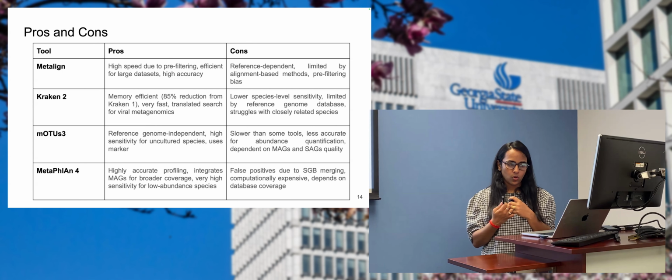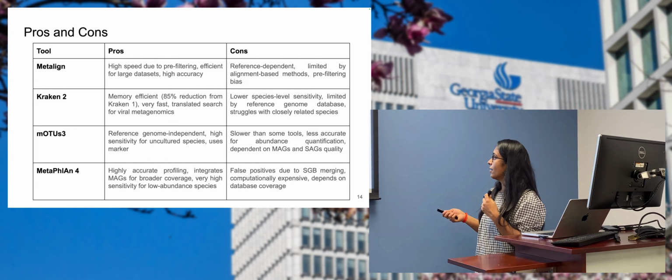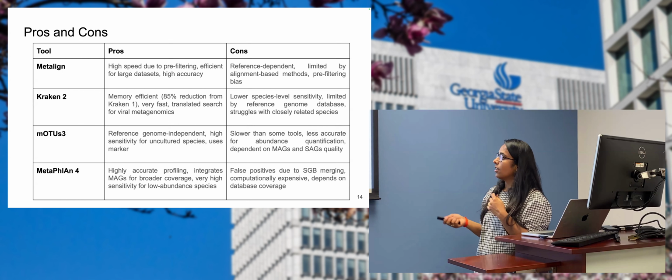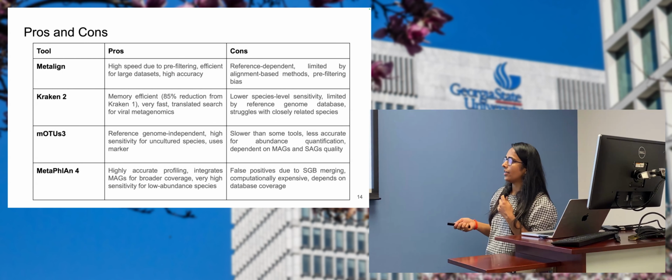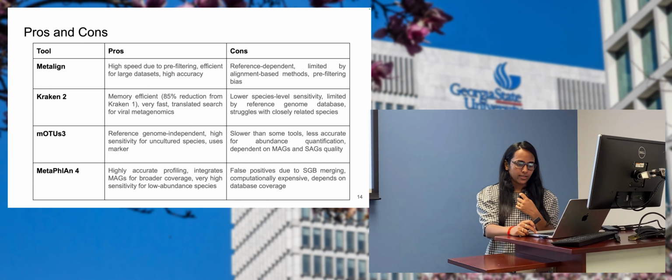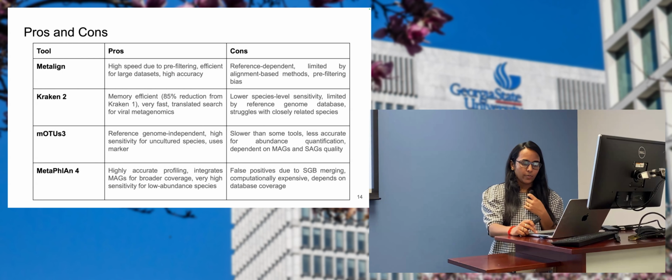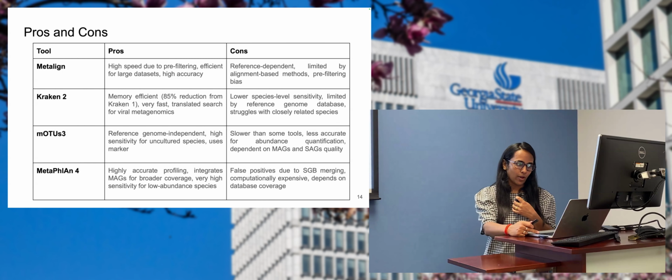Motus is slower than other tools because it has a large data set that depends on MAG and SAG quality. MetaPhlAn has high accuracy profiling, integrates MAGs, and is highly sensitive. But these two cannot find low abundance species, so their drawback is that they won't find all the organisms present in that environment.